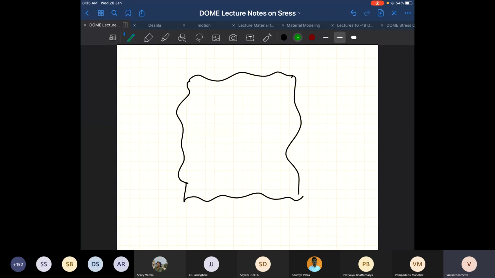What it means is, if I cut a specimen, so let us say I am cutting some flat dog bone shaped samples like this.